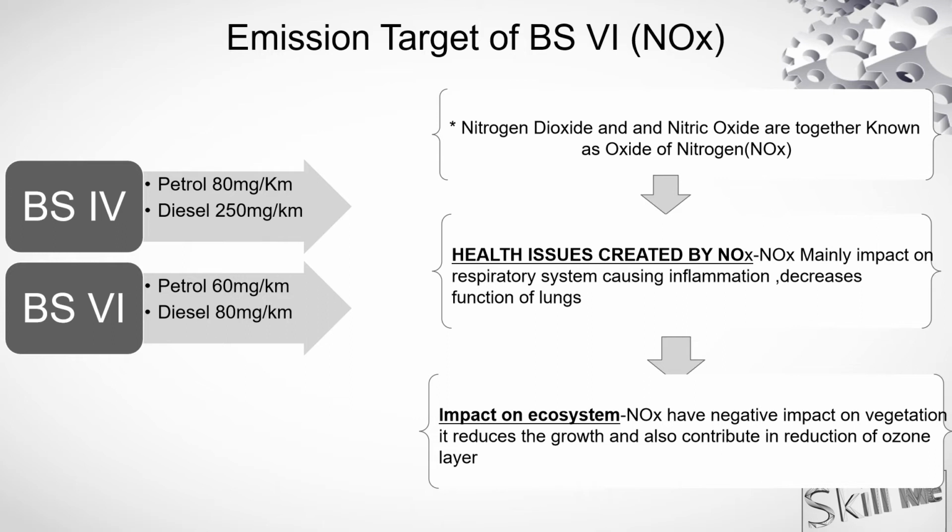And what is its effect on our ecosystem? NOx has a very negative impact on vegetation and reduces growth, and also contributes to the reduction of the ozone layer. So these are the reasons why the emissions of NOx gases are decreased from BS4 to BS6.